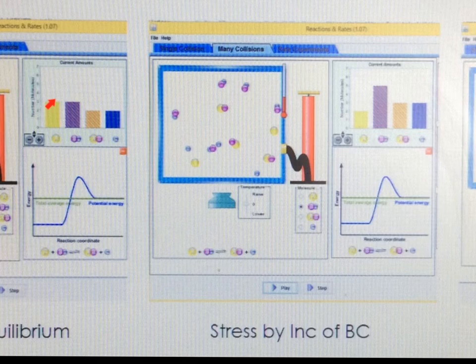And our reactant, A, the yellow, has decreased because we're making more products. So if we're making more products, then the free yellow elements are gone. That's Le Chatelier's principle. If we stress the system, we'll shift it. So by stressing the system and adding more reactant, we've shifted to more product.